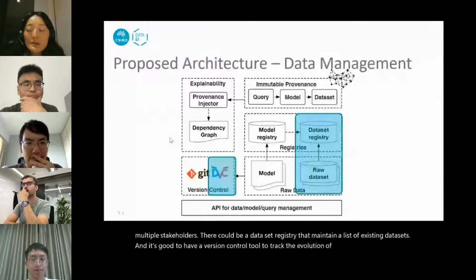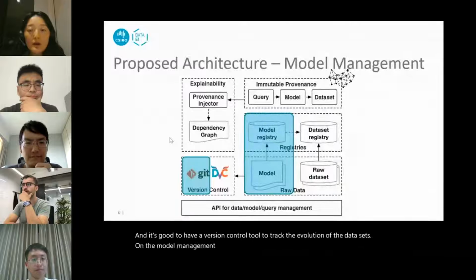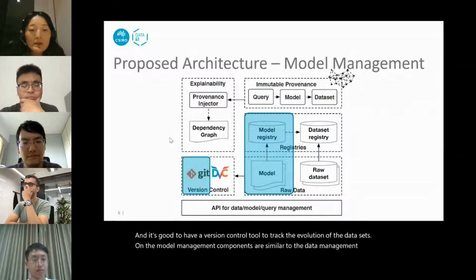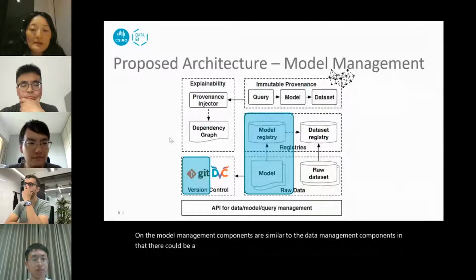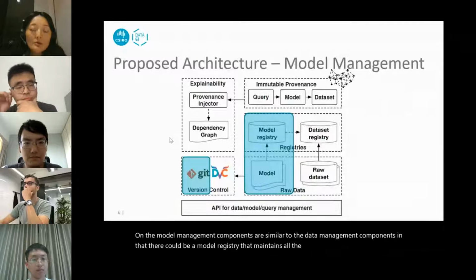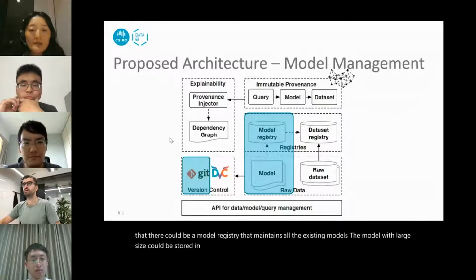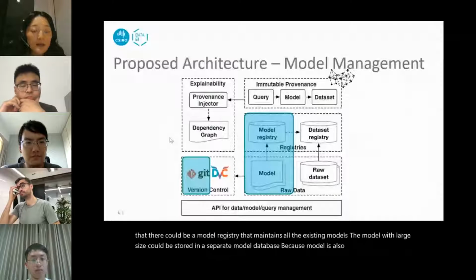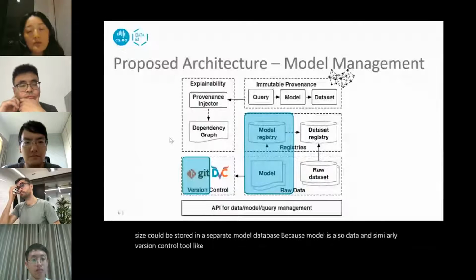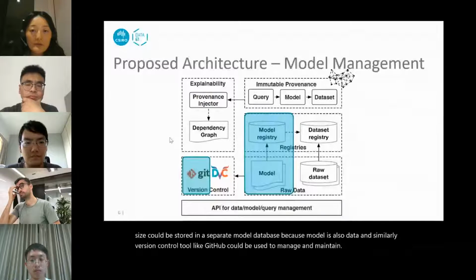The model management components are similar to the data management components in that there could be a model registry that maintains all the existing models. A model with large size could be stored in a separate model database because a model is also data. And similarly, a version control tool like GitHub could be used to manage and maintain the source code of the models.